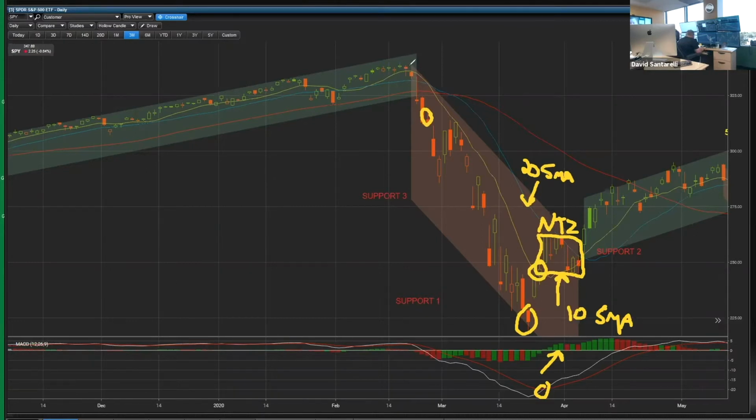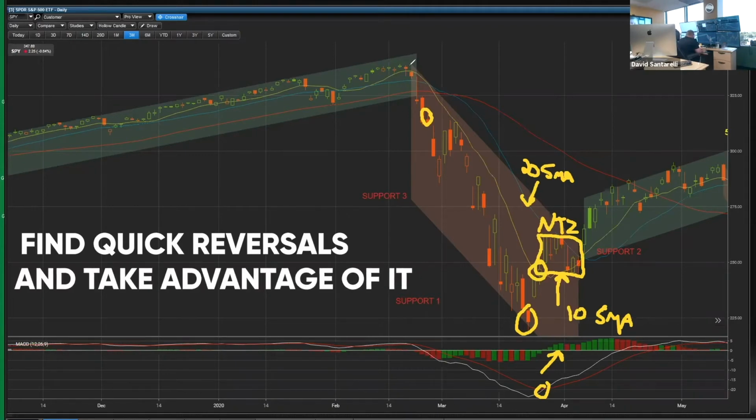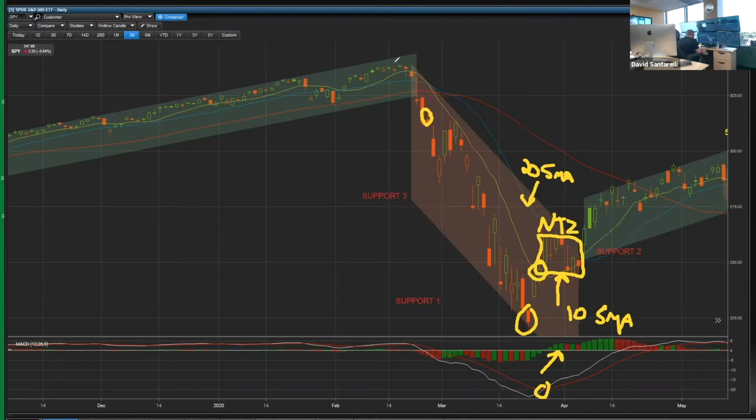So that's the beautiful thing about our trade plan. You're able to find quick reversals and you're able to take advantage of them. So 5 days before you got that put entry, I mean, seriously, if the market's at all-time highs 5 days ago, who would be crazy enough to say, okay, I'm going to start buying puts here and make money as the stock drops lower?